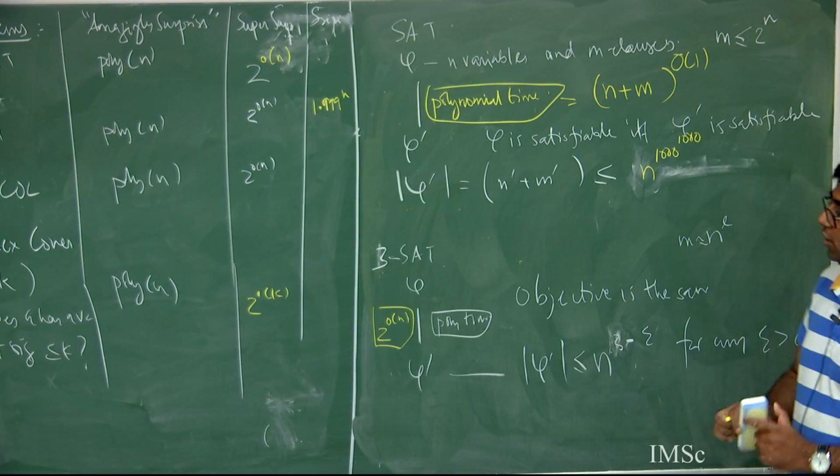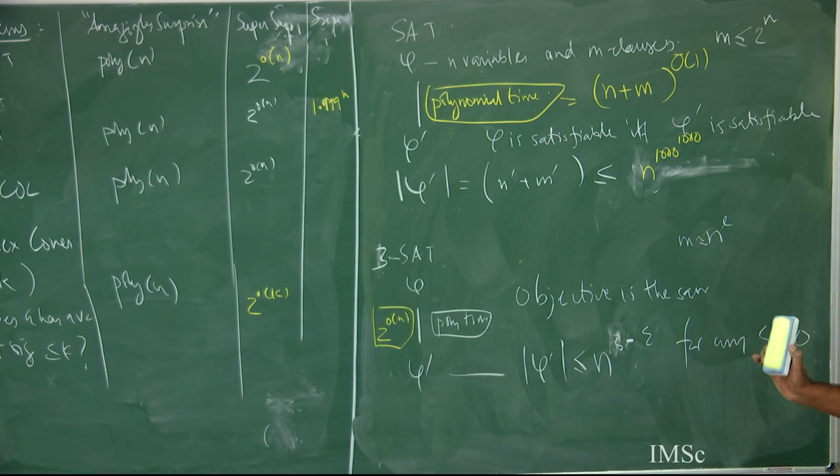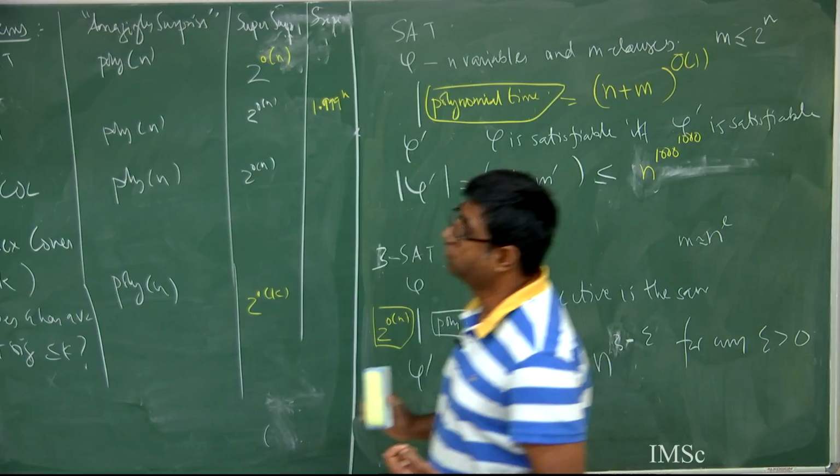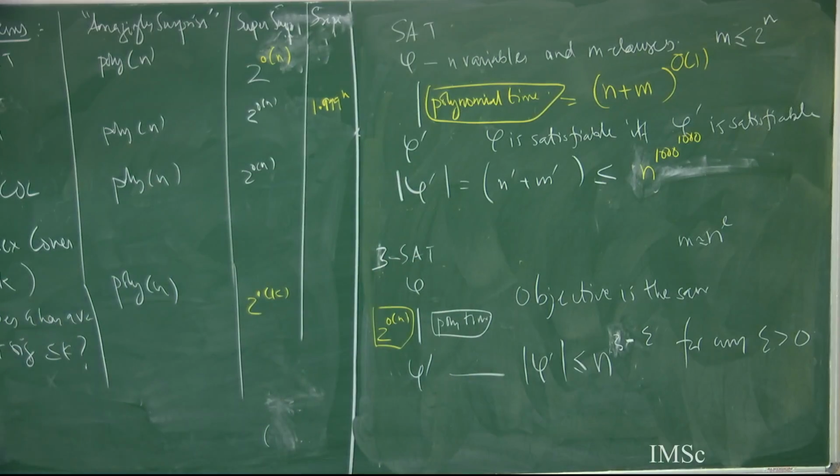So this is what I mean by surprising. I have explained to you in this course what we mean when we say we have a surprisingly fast algorithm, or a surprising algorithm for a problem. This box is ticked for you people.